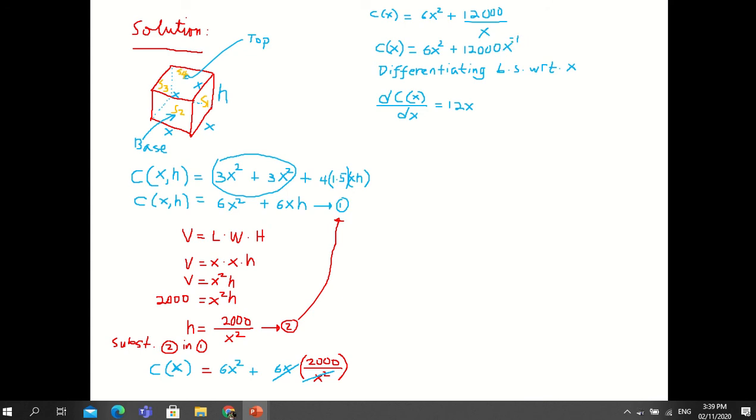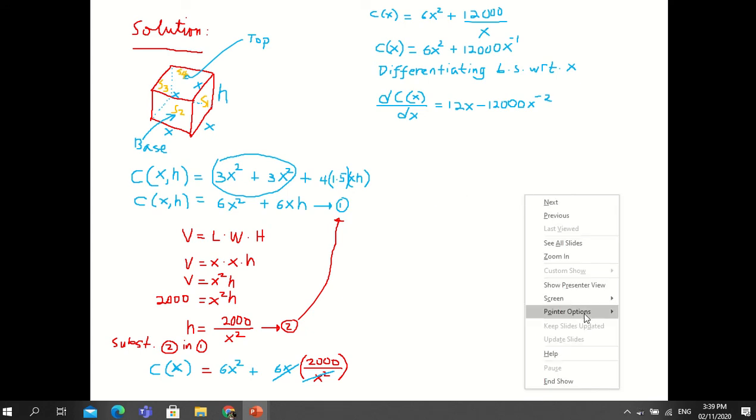So the power will go down and multiply by the base and also this constant. So this is negative, multiplied by 12,000, so that becomes negative 12,000 times x to the power n minus 1. So our n is minus 1, so minus 1 minus 1, so this is minus 2.